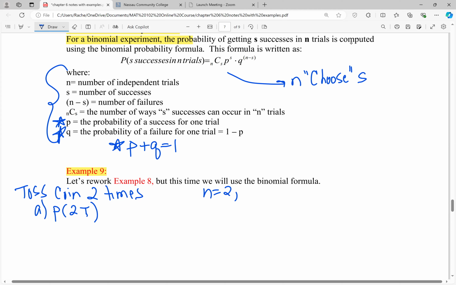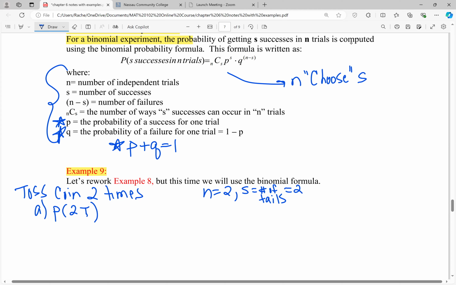So we're going to consider getting a tail a success. S is going to be the number of tails that appear. Particularly in part A, S is going to be 2 because we want 2 tails to appear. So for part A, we have N is equal to 2. S is also equal to 2.